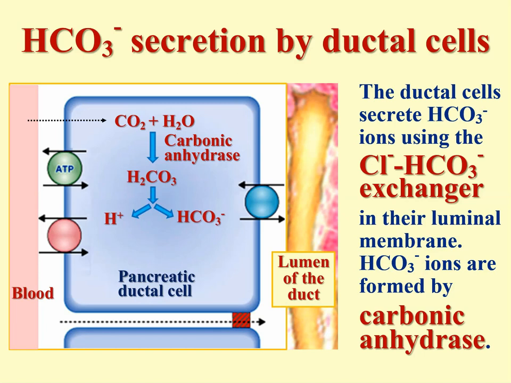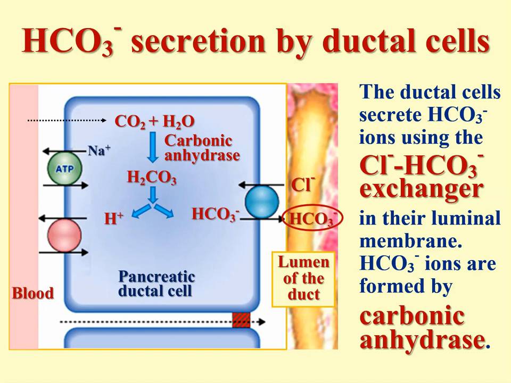But now, in contrast to the gastric secretion, we need not the H+ ion but HCO3-. And exactly HCO3- is transported into the lumen in exchange with a chlorine ion. Here it's an exchanger, not a pump. And finally, HCO3- ions appear inside the duct.